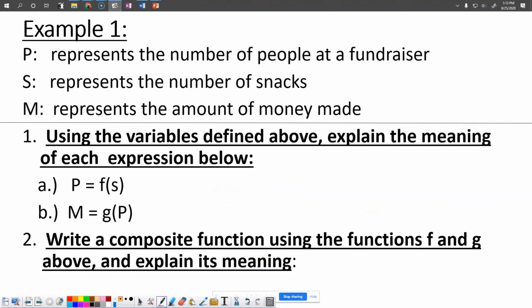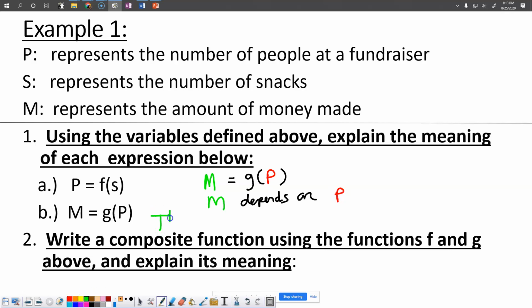All right. So for part B, we have M equals G of P. And what that means is that M depends on P. But what do M and P represent? M is the amount of money made.